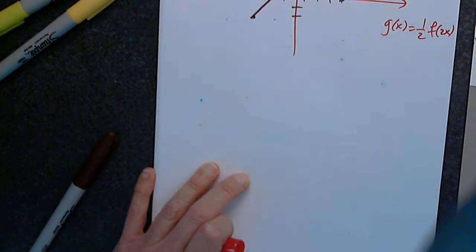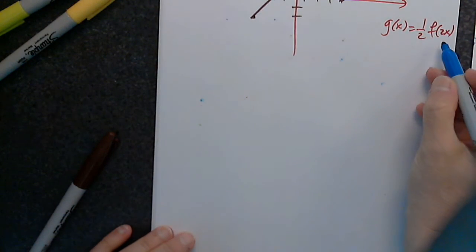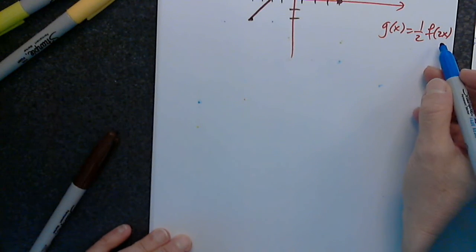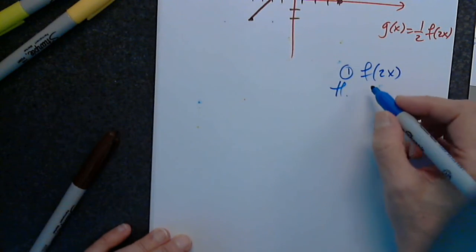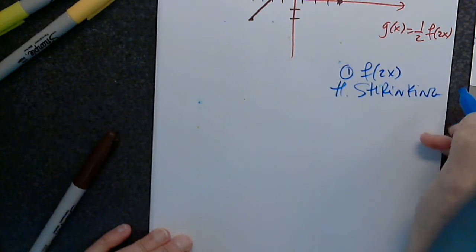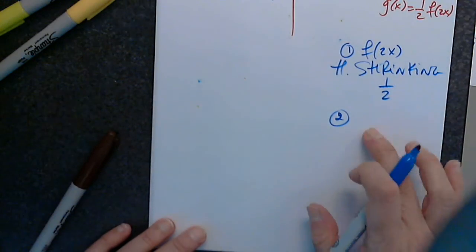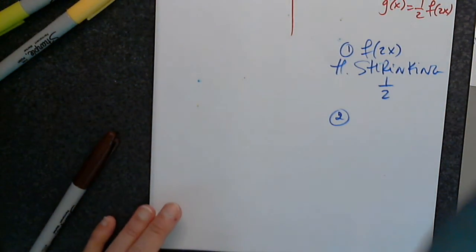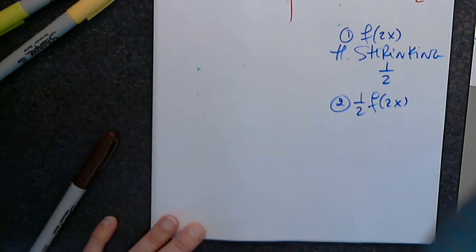What is the first step? Yes? Careful. 1/2. Right. So the first step is f of twice x, which is a horizontal shrinking by a factor of 1/2. And number 2 is a transformation on number 1. So that will be 1/2 f of twice x. What will this do to the graph of 1?